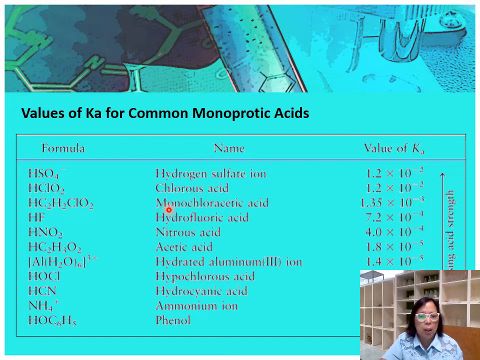Usually, these are halogen containing, except for the case of some organic and nitrous. You have also metalloions here, and then phenol, organic. This is organic, no? So these are monoprotic acid. They are actually common also in the lab, not only as a monoprotic acid.